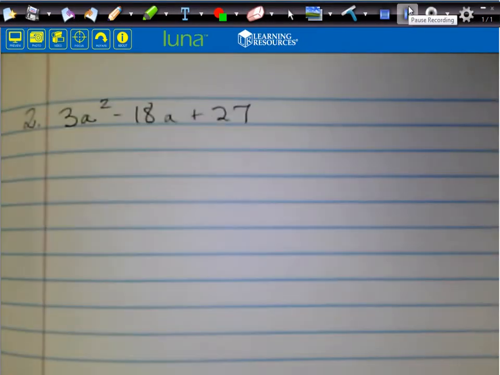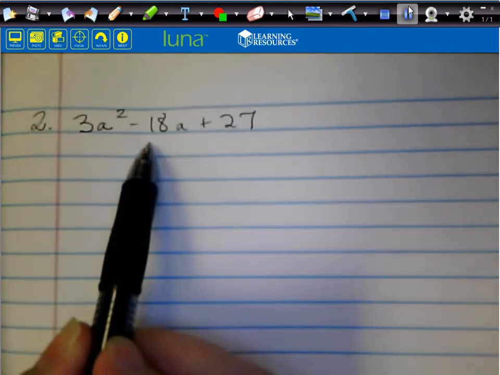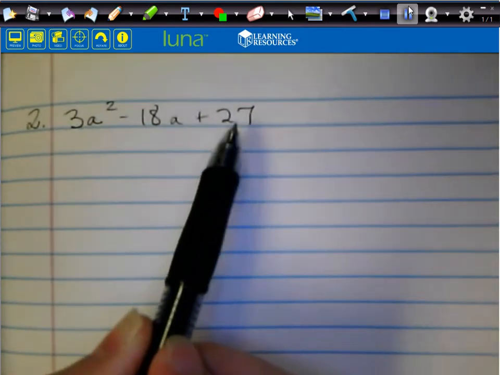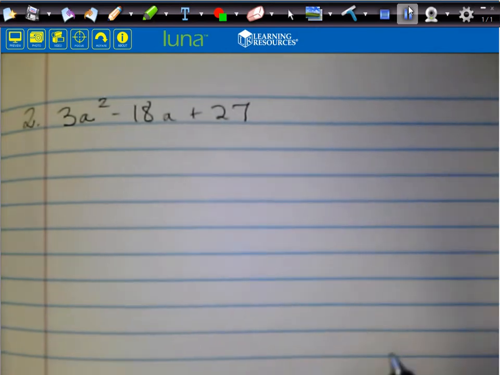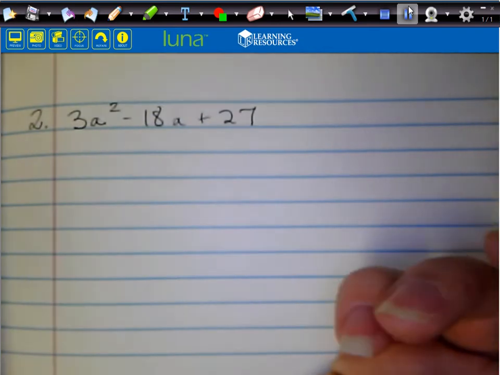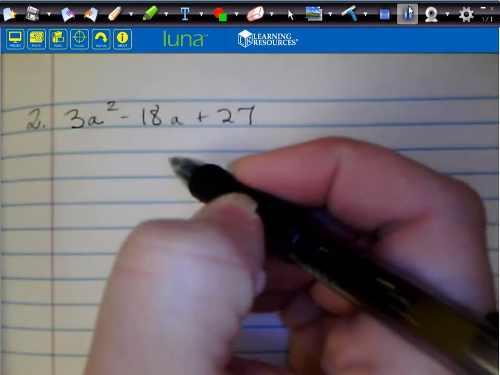Alright, go ahead and get down number 2. It's 3a squared minus 18a plus 27. If I look on my factor sheet, I can see that 3, 18, and 27 all have a common factor. They can all be divided by 3. So the first thing I'm going to do here is go ahead and factor out my 3.